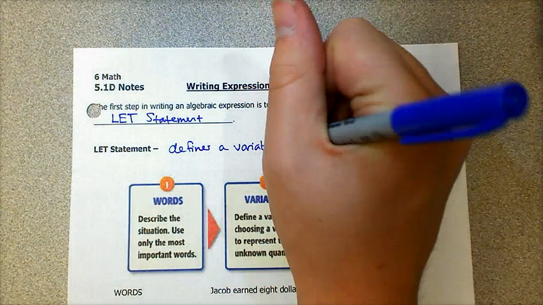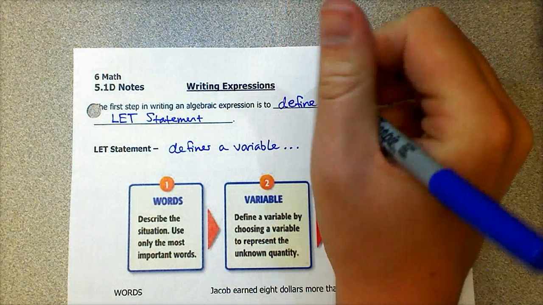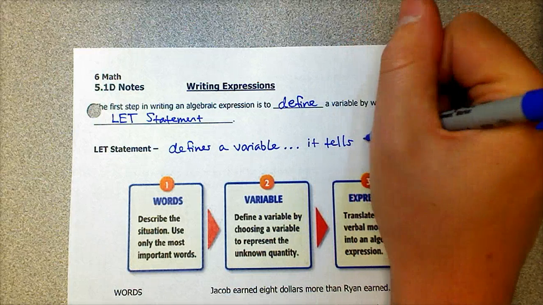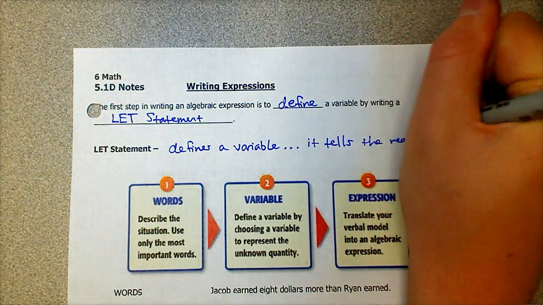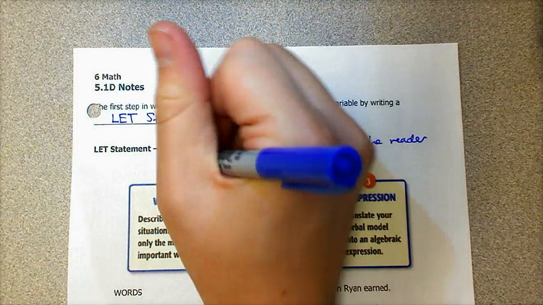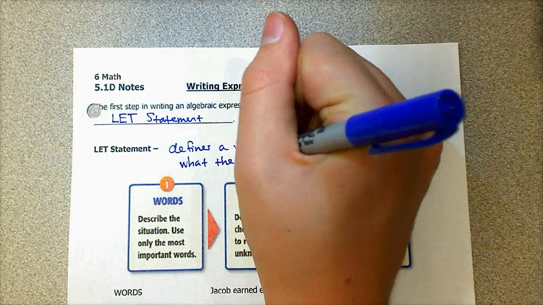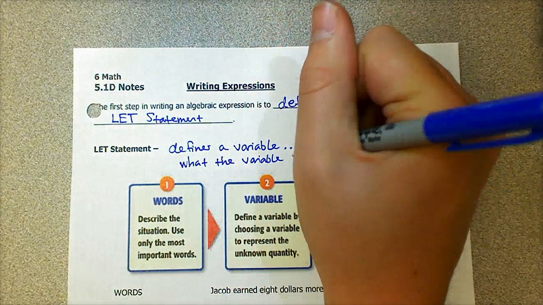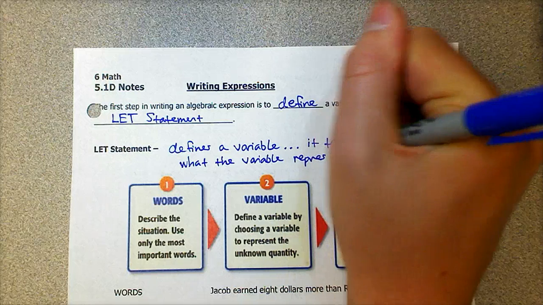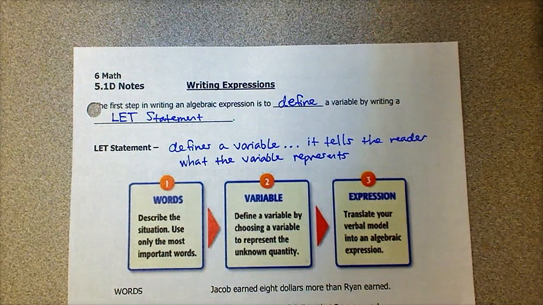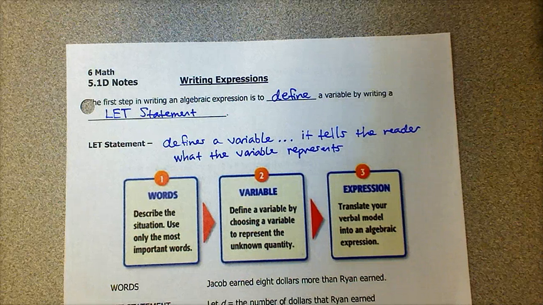So a let statement defines the variable and it tells the reader what the variable represents, and it's usually used to represent an unknown quantity.